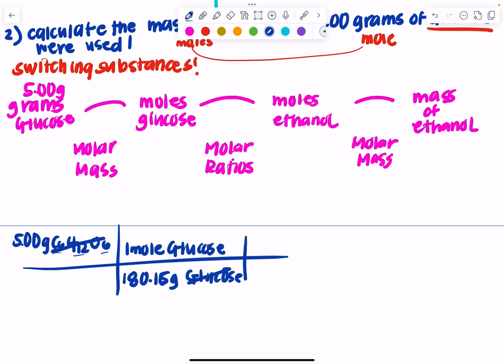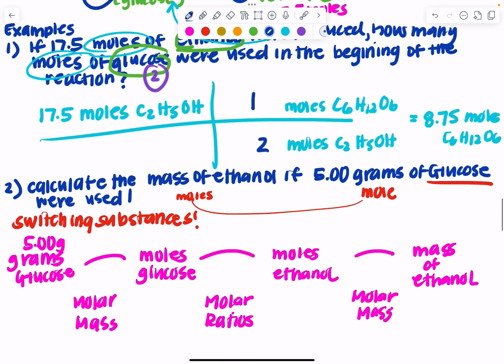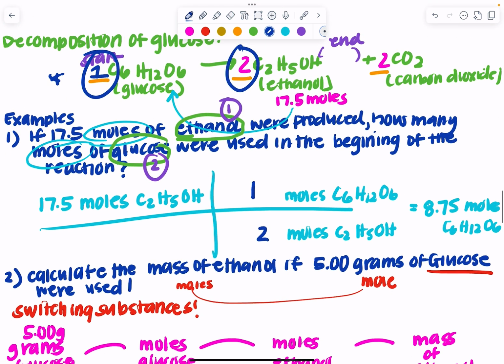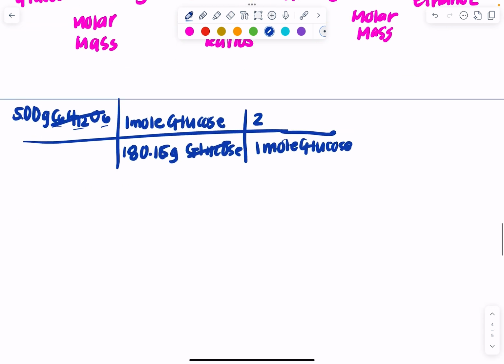These cancel. We have 1 mole of glucose makes 2 moles of ethanol. Notice here is when I switch substances. This is so important. We switched substances right here.